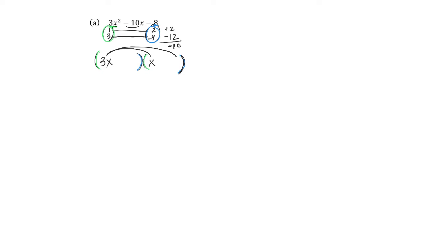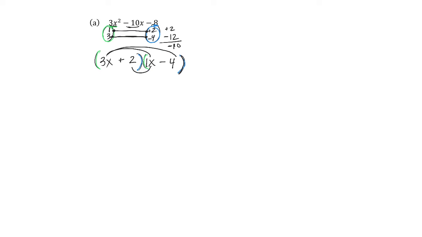So since I want 3 to multiply times negative 4, I'm going to put my negative 4 in that outer position. Okay, and now I needed 1 to multiply times 2.